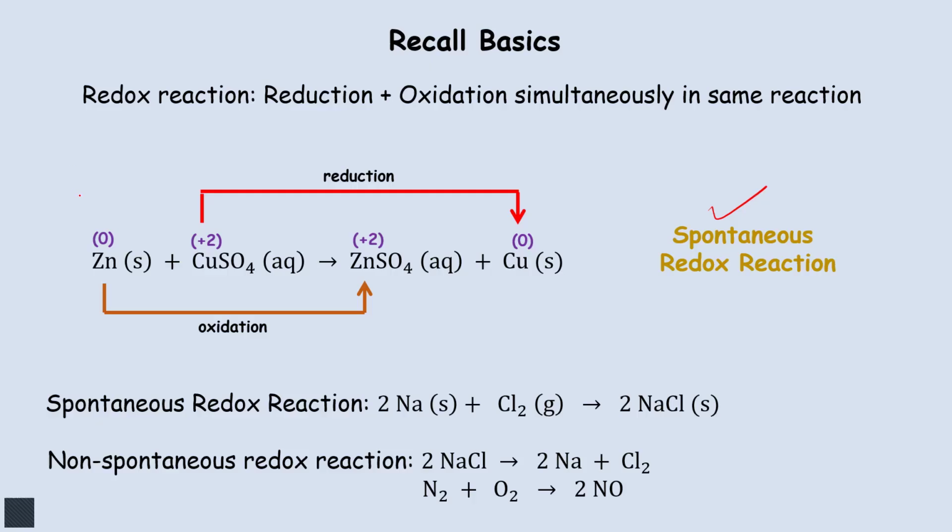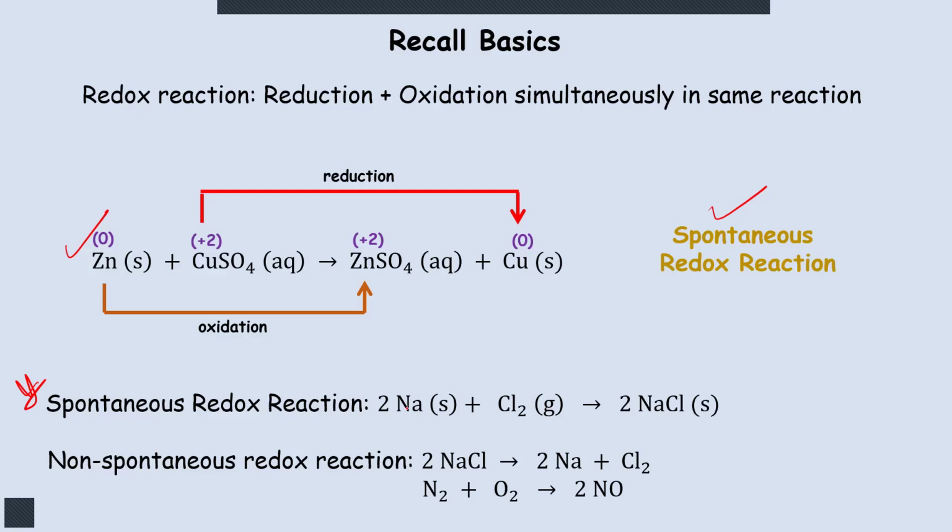When I bring zinc in contact with copper sulfate solution, the reaction starts. I don't have to provide any heat or any other kind of energy. As soon as zinc is brought in contact with copper sulfate solution, the reaction will take place by itself. So this is a spontaneous reaction, and it's a redox reaction. So it's a spontaneous redox reaction. Another example of a spontaneous redox reaction is sodium reacting with chlorine to form sodium chloride.